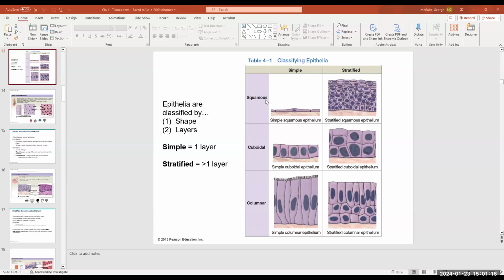And then I use the online textbook, and it has some information that I don't remember us talking about from lecture, but I think has thrown me a little bit. So under simple squamous, we talk about how those cells are part of absorption and secretion.